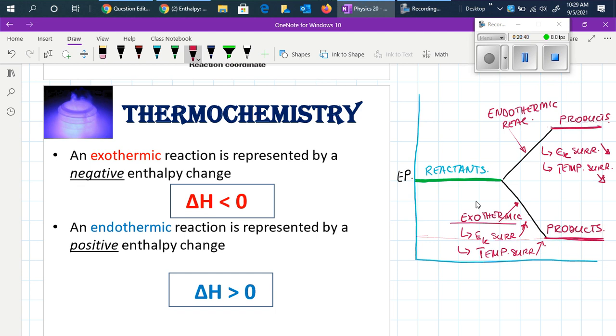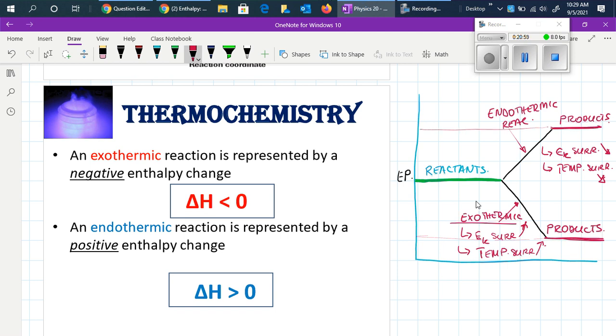So in the case of the calorimeter, you will feel that the temperature of the water is lower than before the reaction.